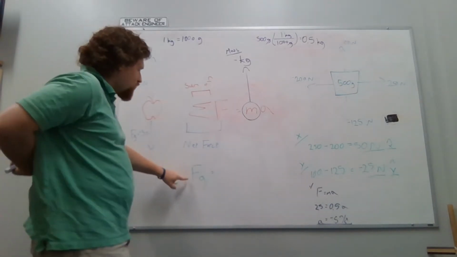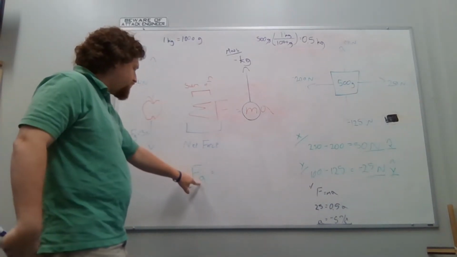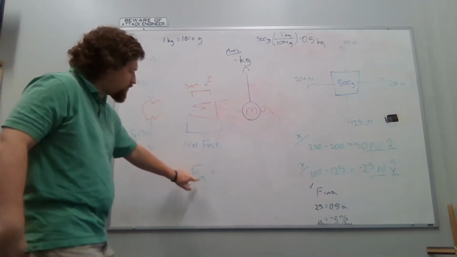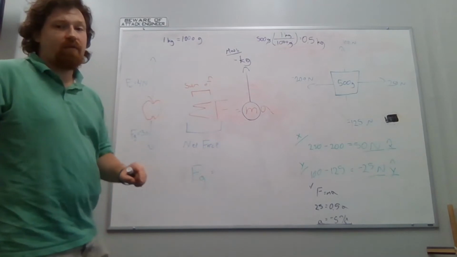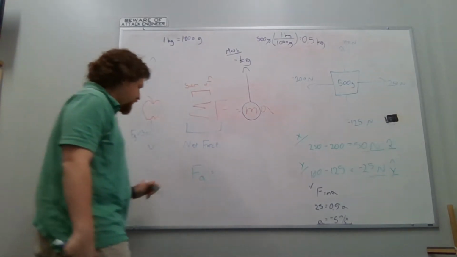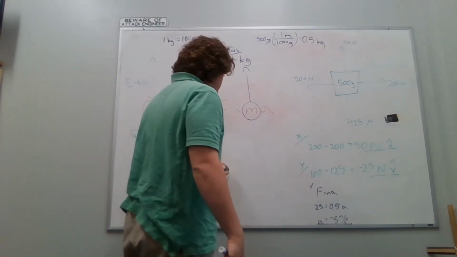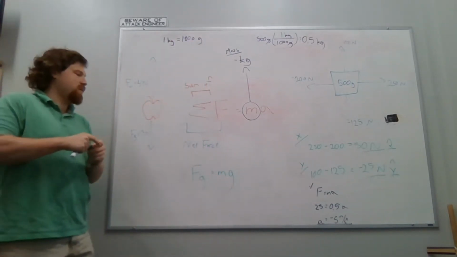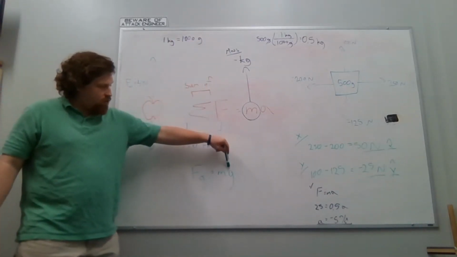So our one force we're trying to find is the force of gravity. So this is F subscript G, force of gravity. Whenever I write Fg, that's what I mean. And the force of gravity acting on an object is going to be equal to that object's mass times G.